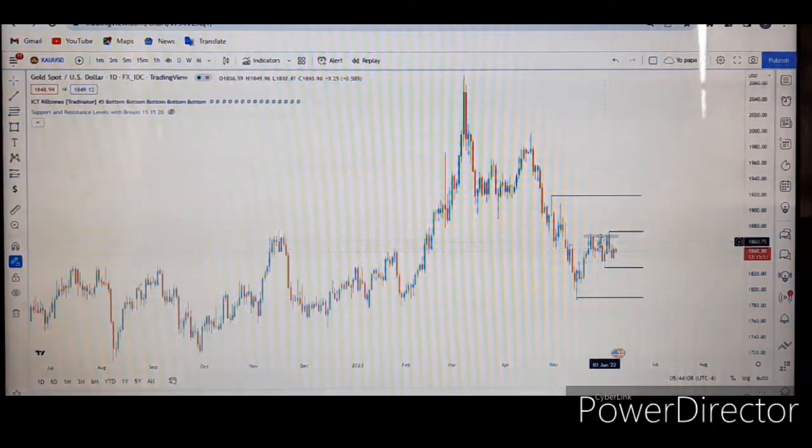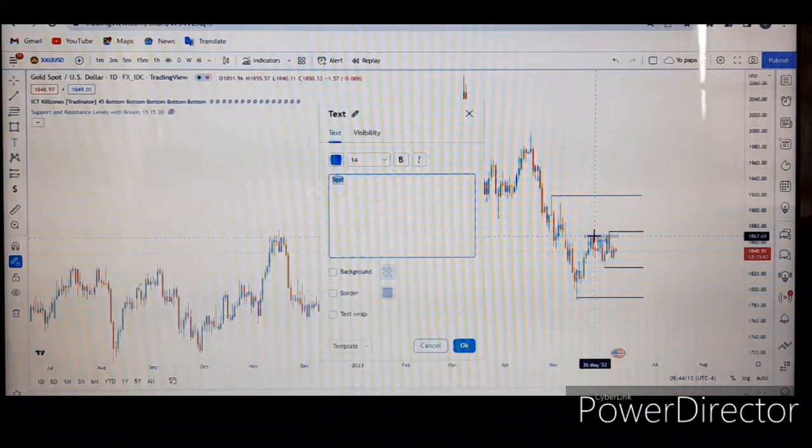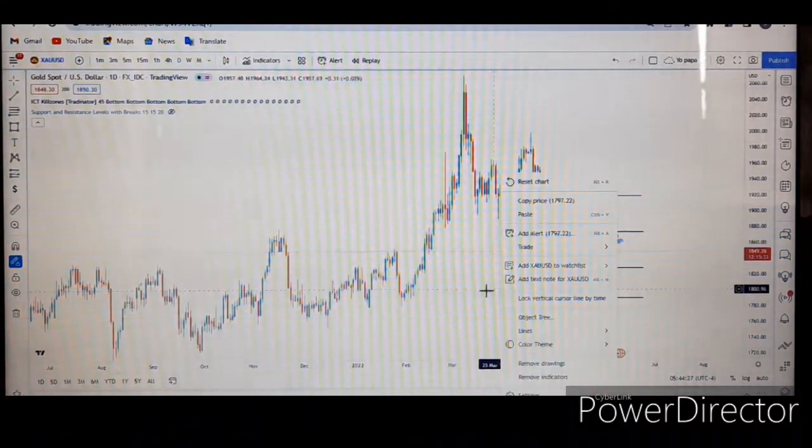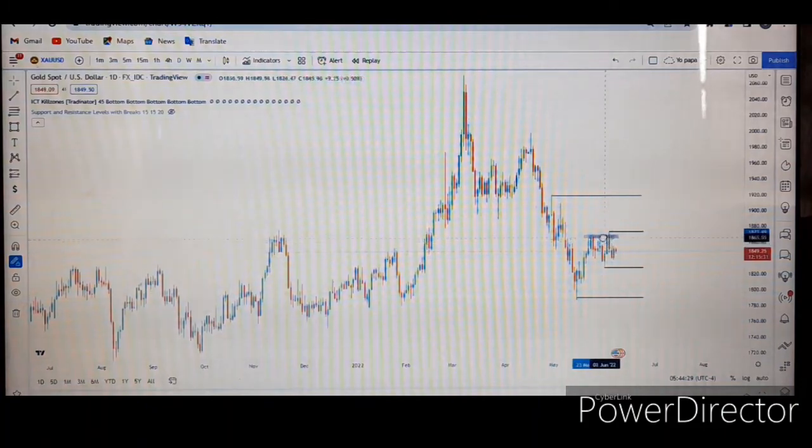We have a clean high here. Let me highlight it. I hope you can see it. This is a clean high. That's a clean high, guys. Sorry about that.